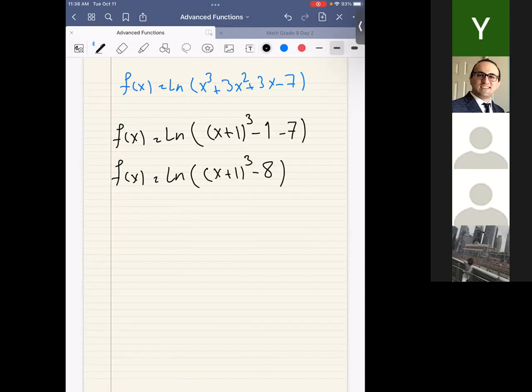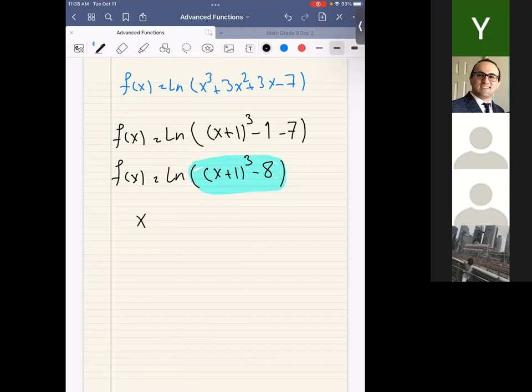So that simplification is actually a big help. Because now, what is the domain of ln? The domain of ln is positive numbers, so whatever goes inside the ln has to be positive.